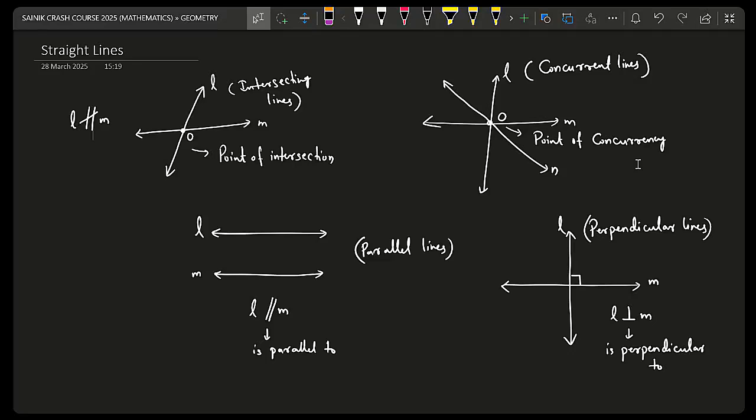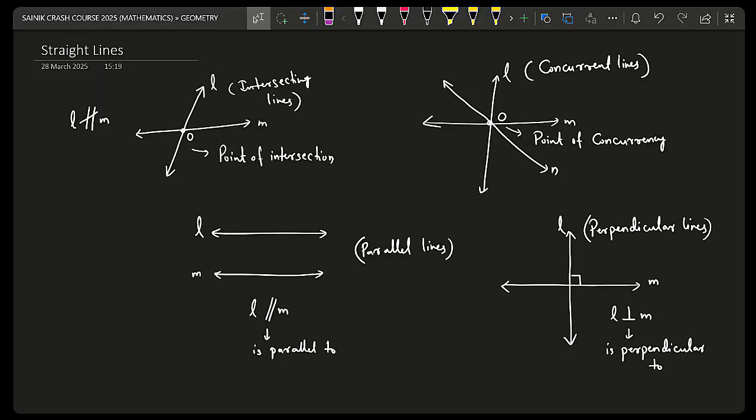But if more than two lines are passing through the same point, it may be three lines or four lines or five lines, any number, then you should not say intersecting lines. You should say concurrent lines. And the common point is called the point of concurrency. That's it.